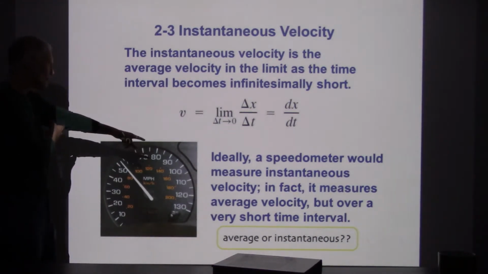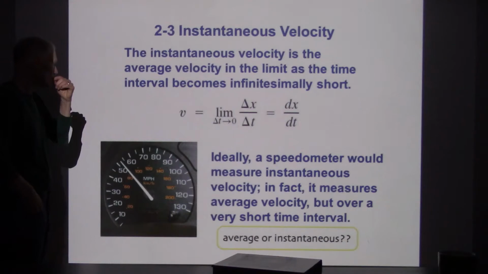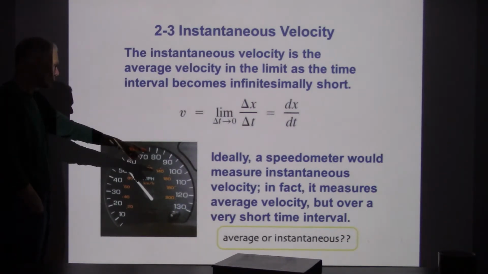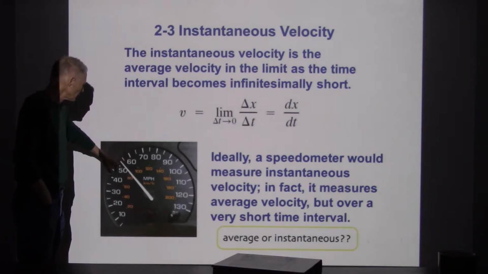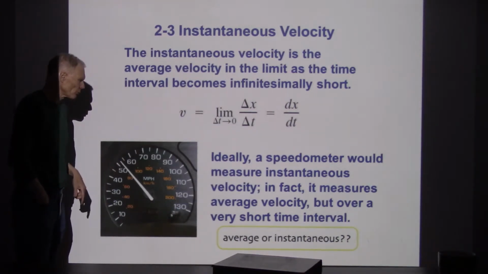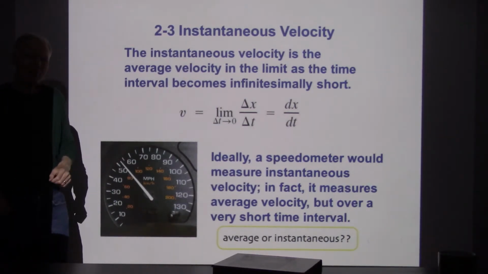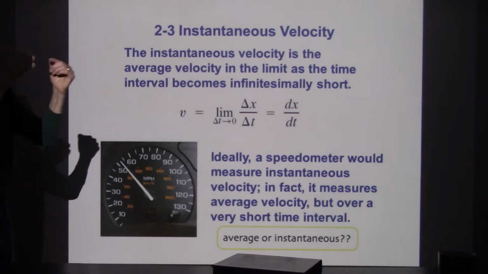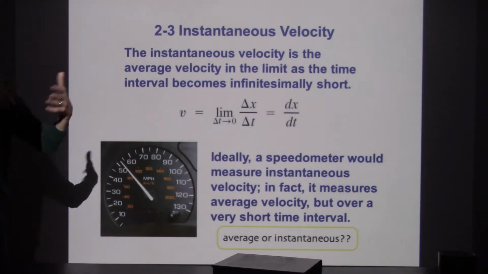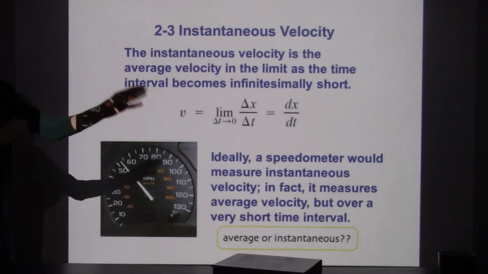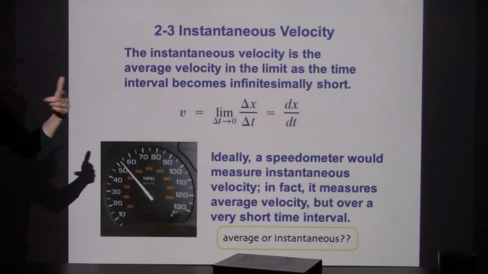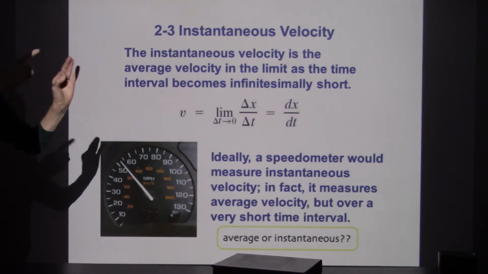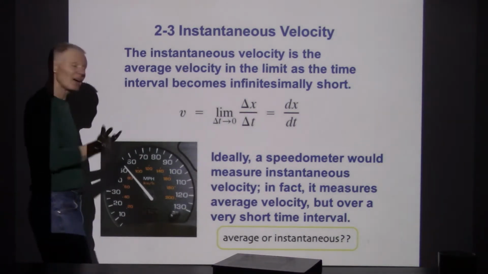Now what they claim here is that speedometers are measuring your speed over short intervals of time, and I'm not sure if that's true. If you have a mechanical speedometer, where as your wheels are going around there's a gear system set up, a cable that's turning around with the odometer, then that's instantaneous.